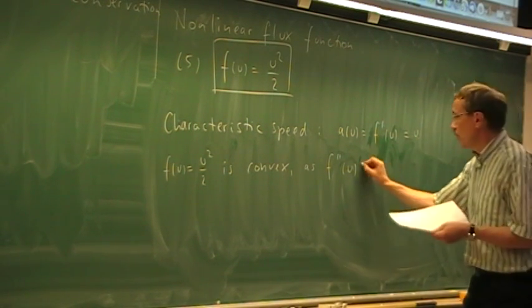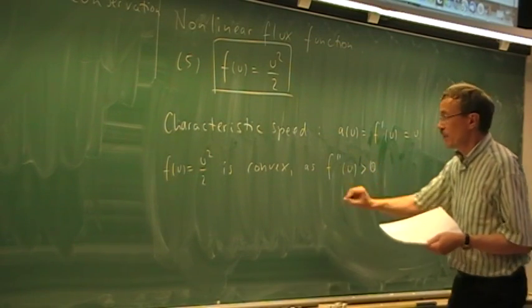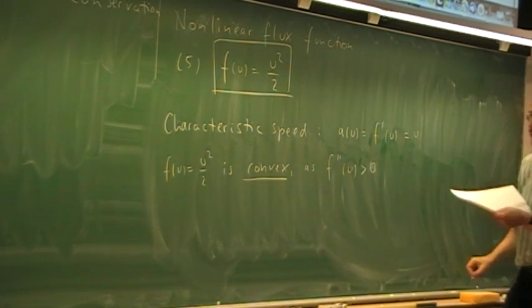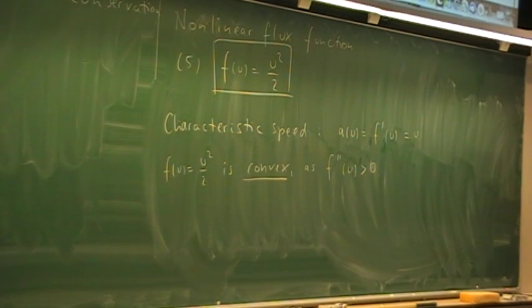What we need to be convex is larger than 0. So that is the definition of a flux function being convex. So that we have here.